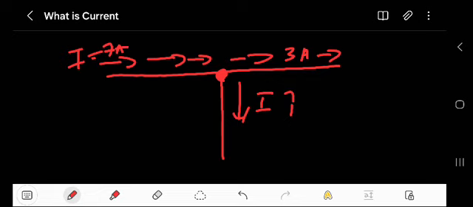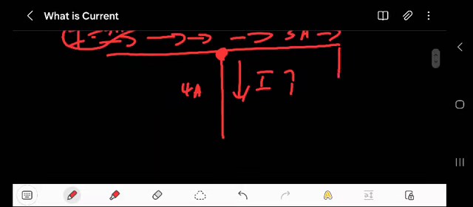So you must know, initially we had 7, right? The original one was 7. When KCL splits this, the current that will flow down will be 4 amps, as you understand. From this junction, they just split.